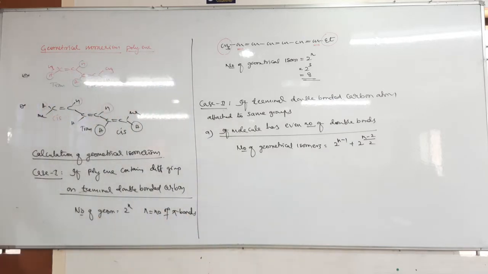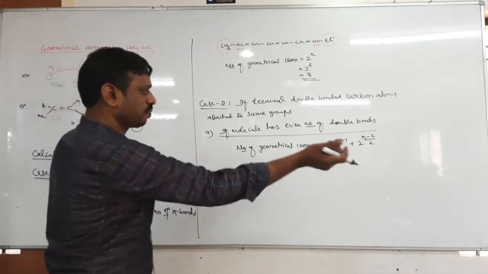That is when there is an even number of double bonds, where n equals the number of pi bonds.